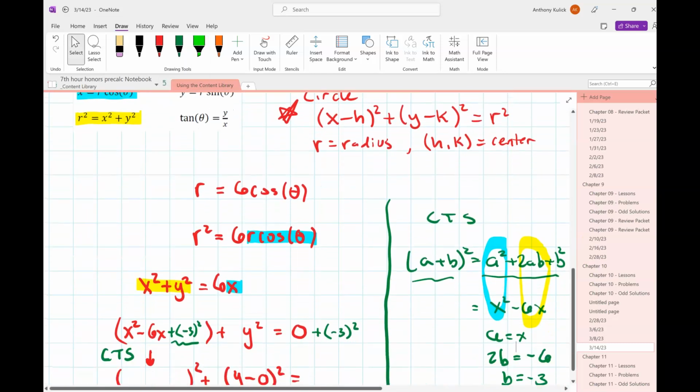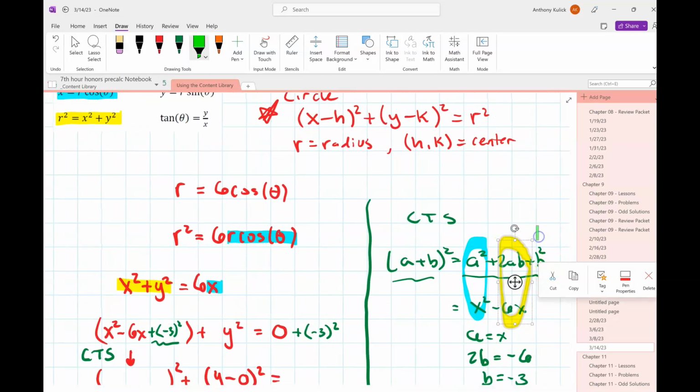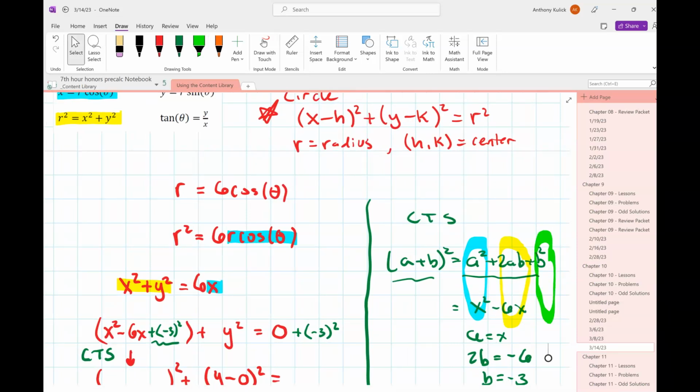So x squared is a squared, so x is a. 2ab is negative 6x, so 2b is just negative 6. So b has to be negative 3. So the missing piece, highlighted in green there, should be negative 3 squared, b squared.